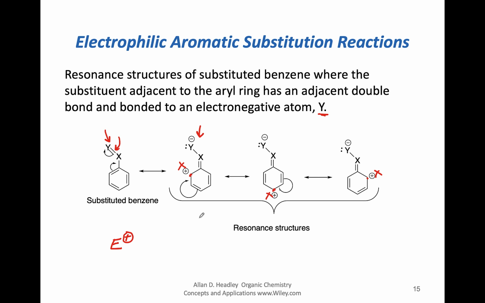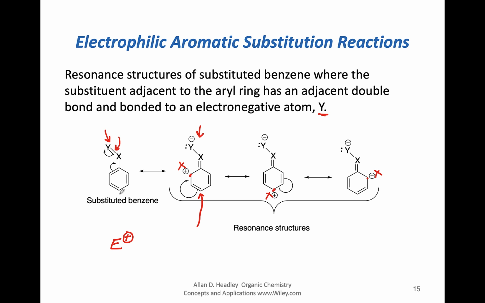So by default, you can expect it to go here. As you can imagine, this type of substituted benzene is not as reactive as the one that has the electron pair right here. So we say that this is a deactivating as opposed to an activating group for benzene.